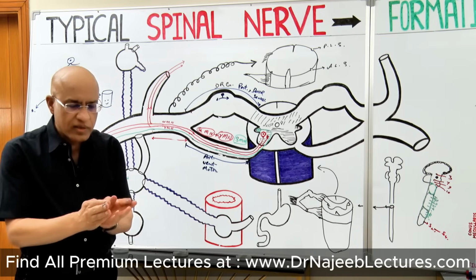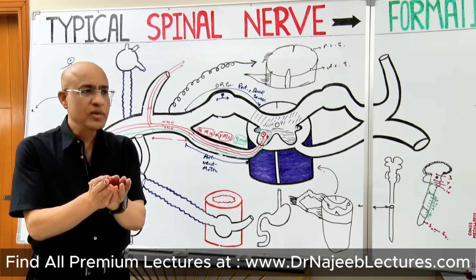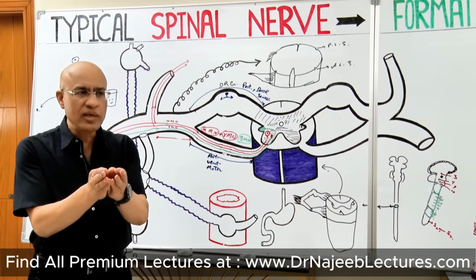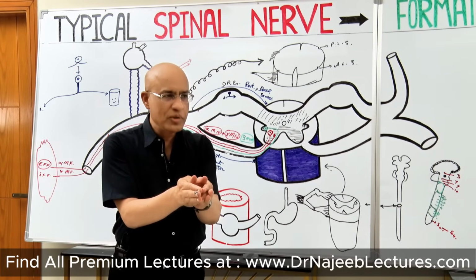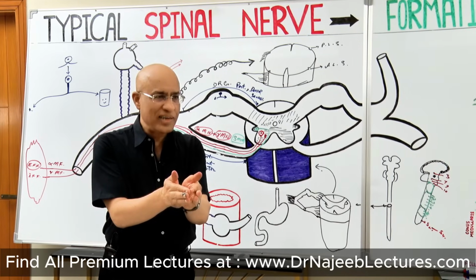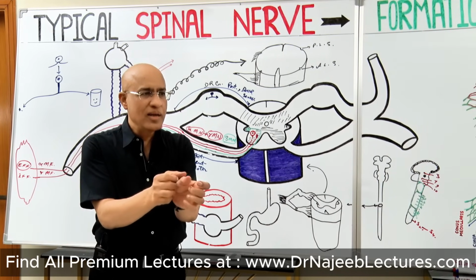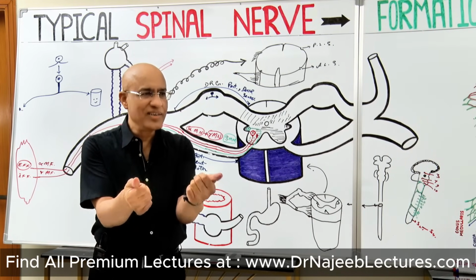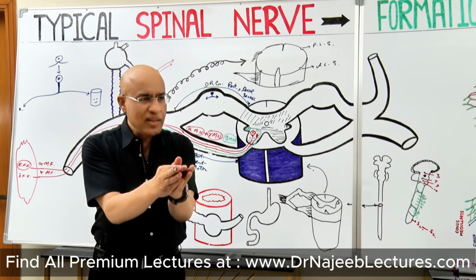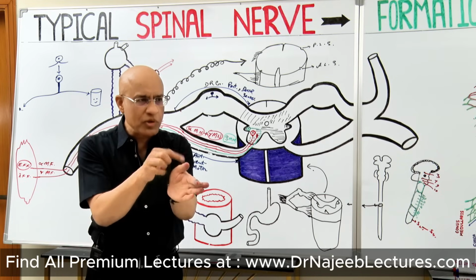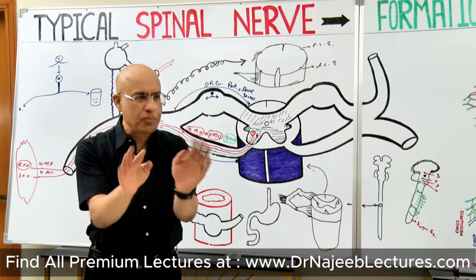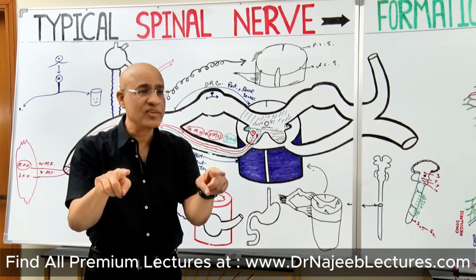Just imagine my hands. The neural tube develops as a neural tube. But look at my thumbs. My thumbs grow separately, right? And then these thumbs detach and come to the side. The remaining part of my hands makes the neural tube, and the thumbs' neural tissue on both sides becomes separate, and this is called neural crest cells.